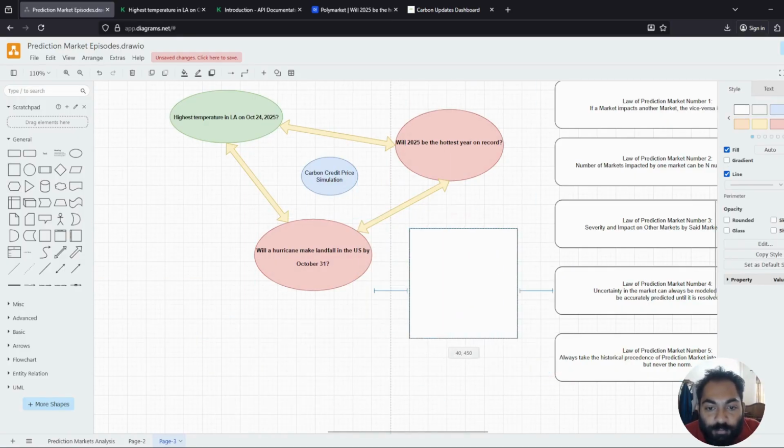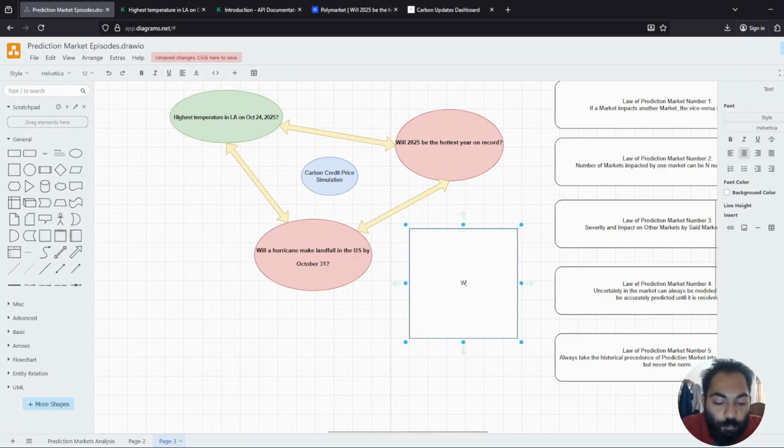So since we are doing carbon credit price simulations, what are the factors from these markets that are connected, that are going to affect my current price simulation, right?